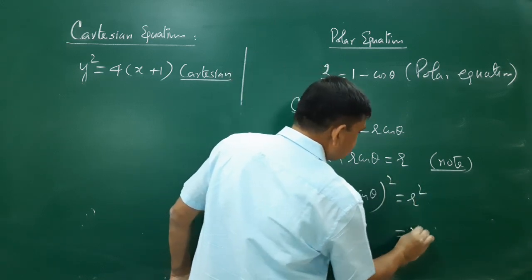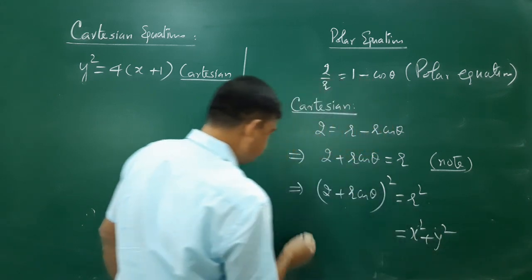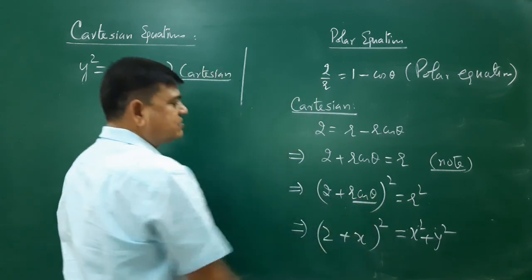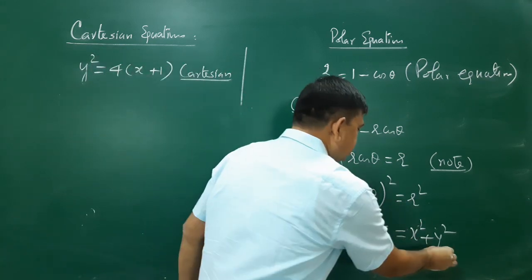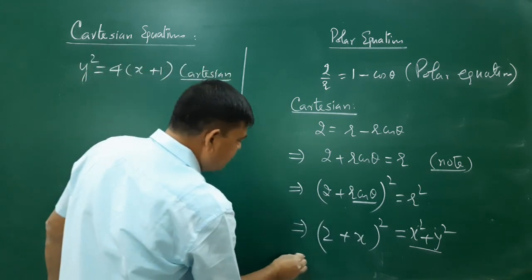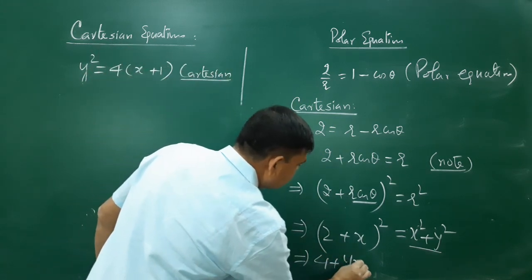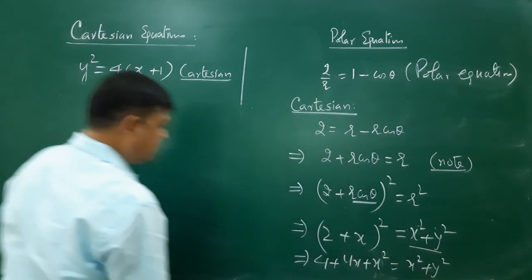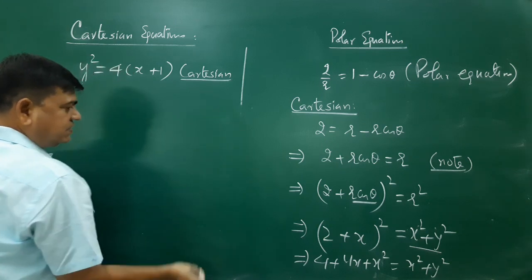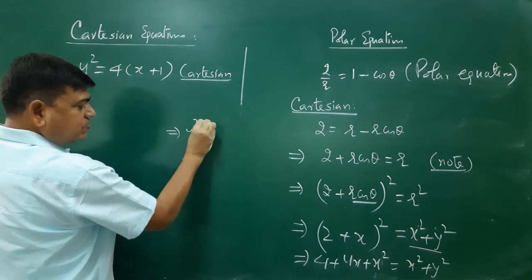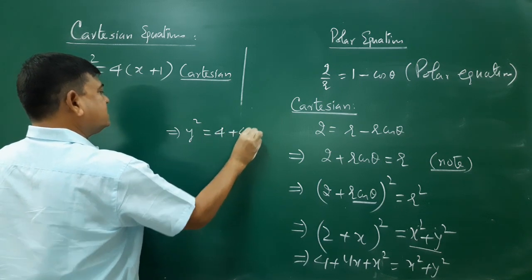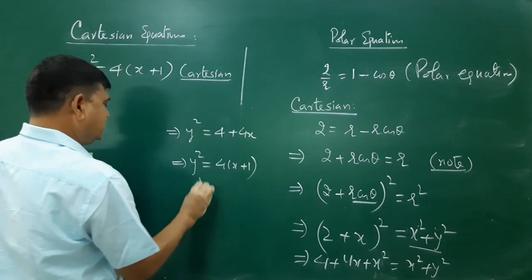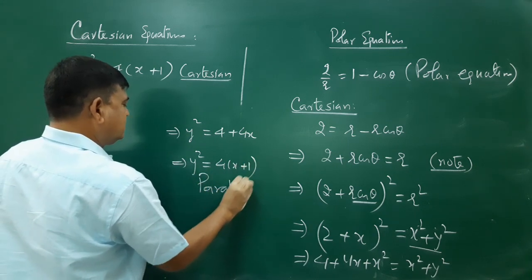Instead of this, we can write x square plus y square. And this is (2 plus x) whole square, because r cos theta is x and r square is x square plus y square. When you simplify this, you find 4 plus 4x plus x square equals x square plus y square. So y square equals 4 plus 4x, and this implies y square equals 4 times (x plus 1), and this is a parabola.